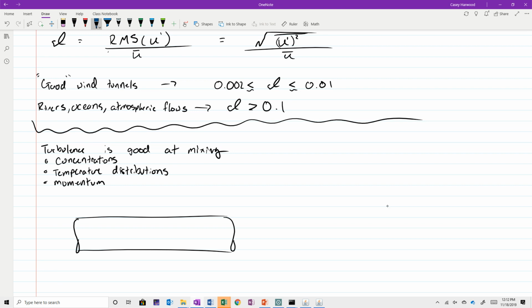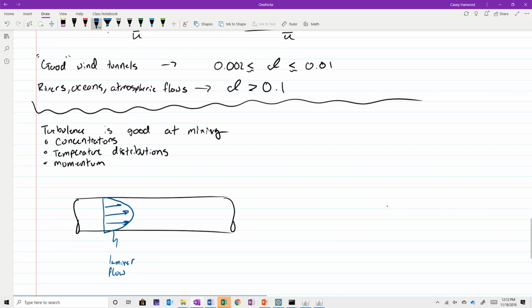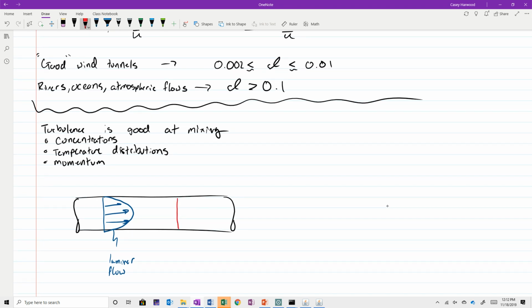And so if we consider a pipe, once again, I want to consider first a laminar flow. We've established that a laminar flow looks like this, this parabolic profile. Here's laminar flow. A turbulent flow is going to look a lot like this. It's going to be much flatter.